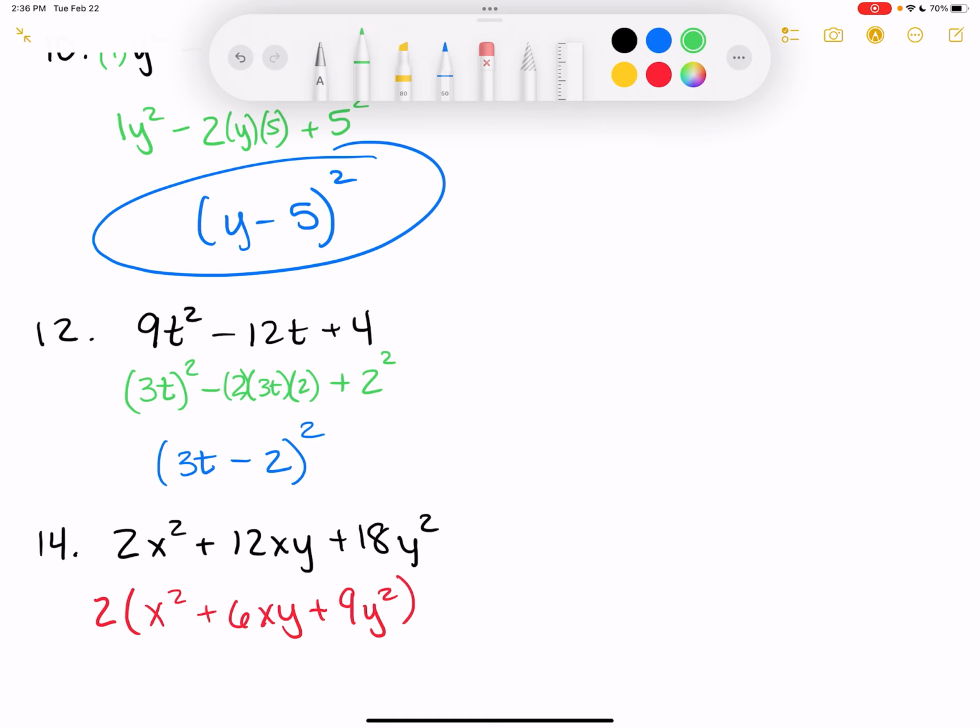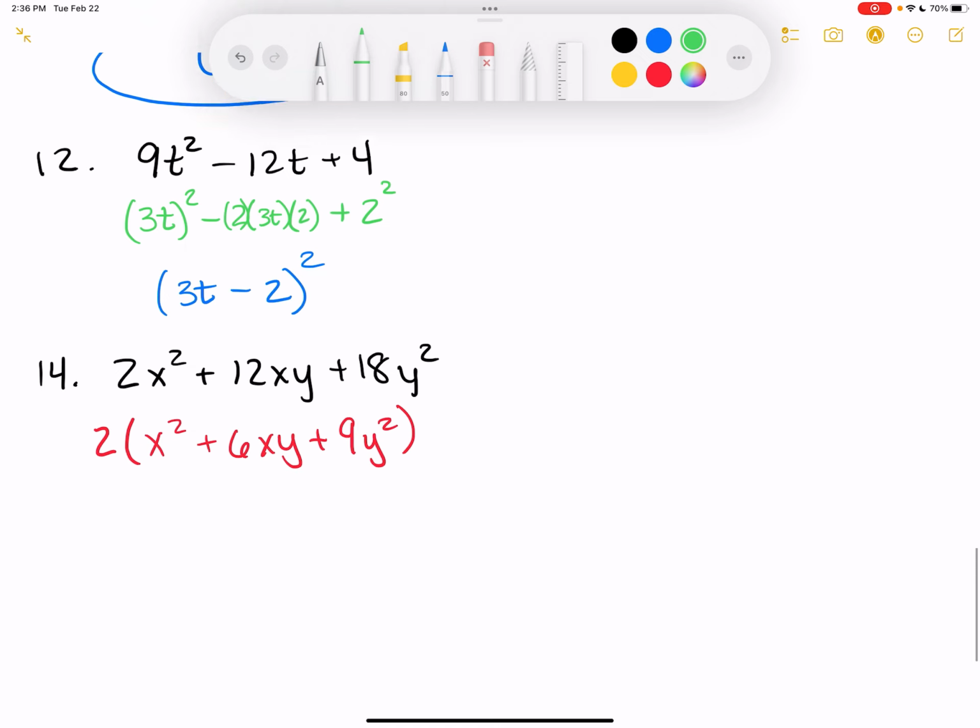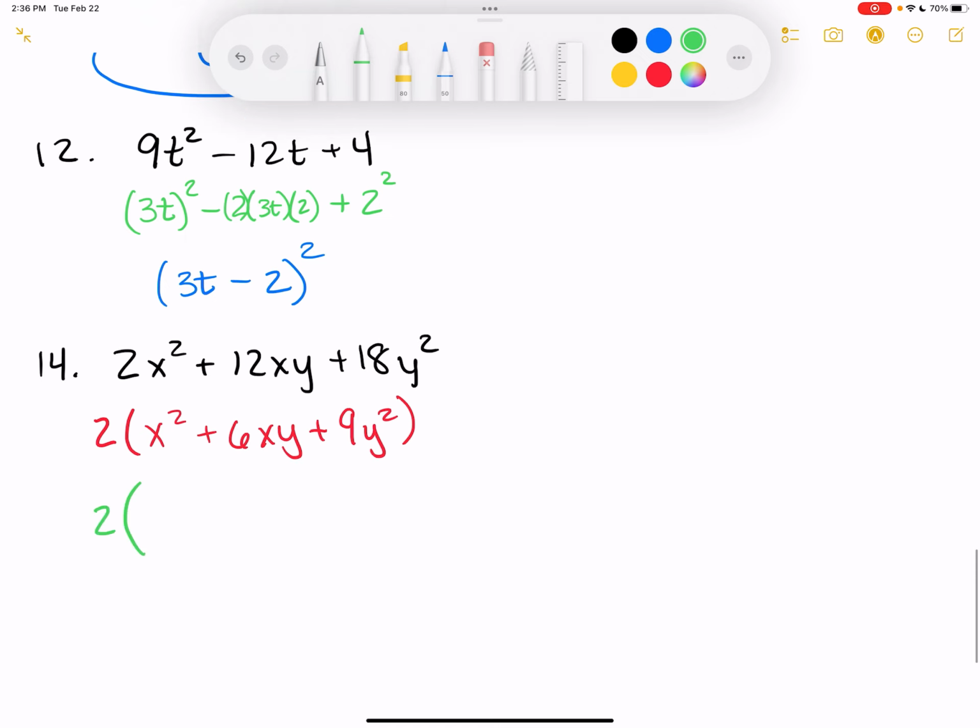Keep that 2 with it, don't lose it. X squared, and the last term is 3y, and then that whole thing squared. The middle term is 2 times a, which is x, times b, which is 3y in this case. So that factors into that.